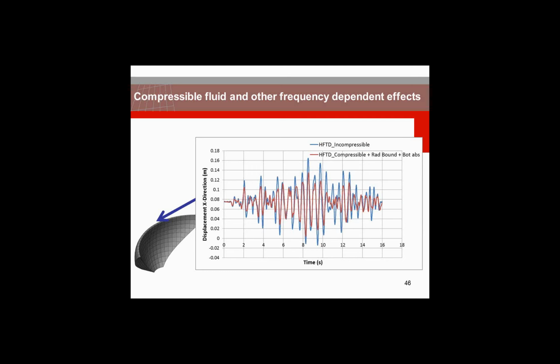It is something we can see easily, right? In the compressible case, because of the radiation boundaries, there is energy that is taken out of the system, and therefore the amplitudes of the vibration at the crest of the dam are reduced. This is something we could not see if we did not take into account the frequency-dependent properties of this kind of fluid structure interaction systems.